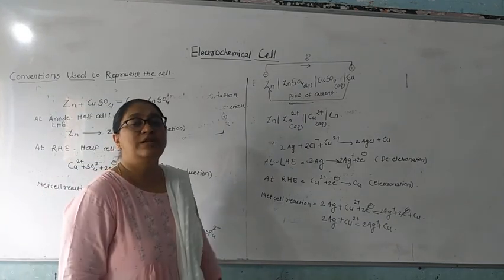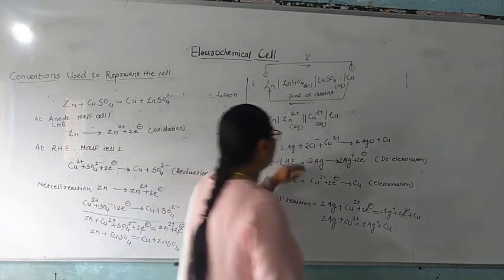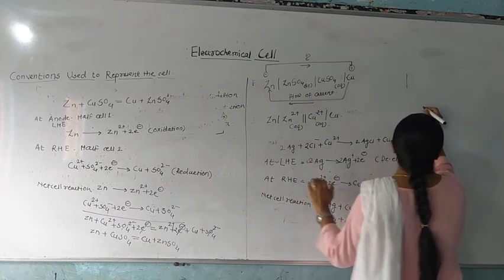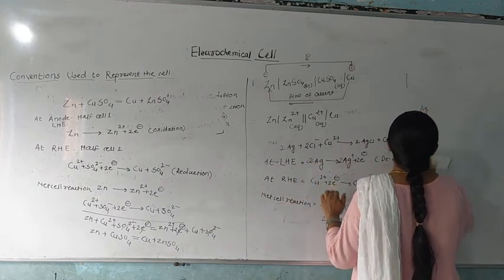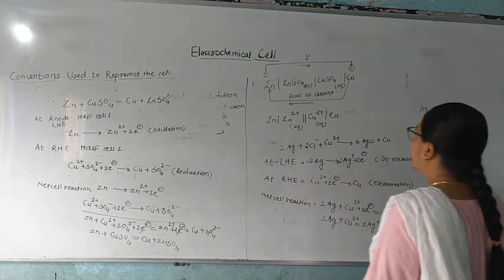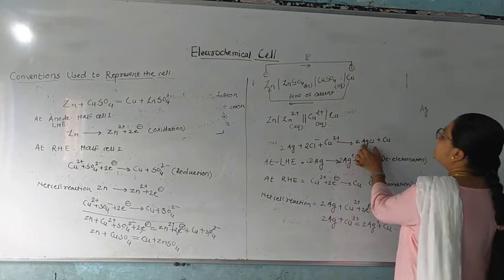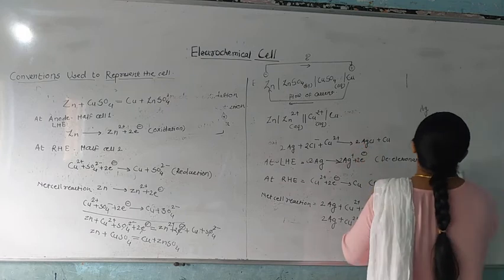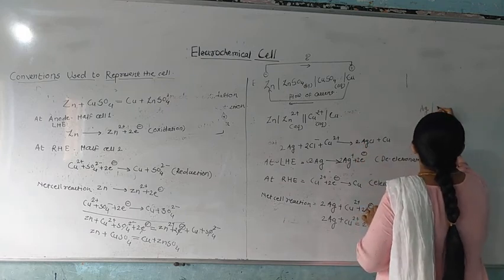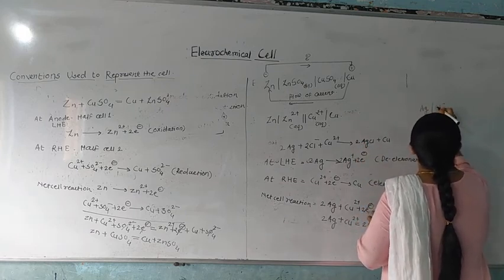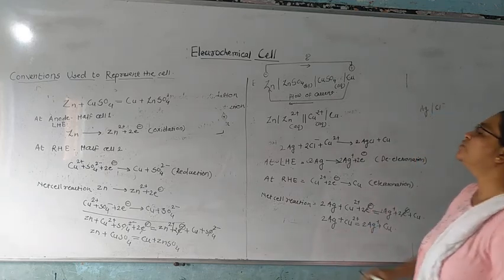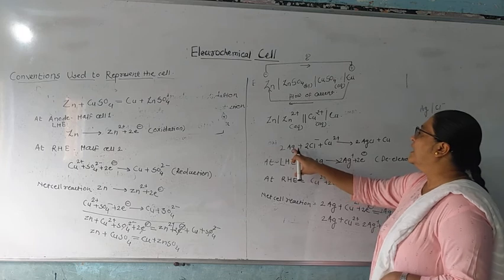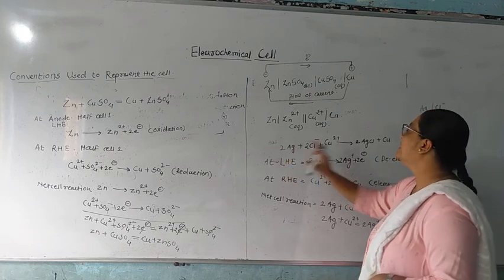Now we are going to represent the cell. Now the silver, as it is forming AgCl, that means this is in contact with chloride ion containing solution. Here the solution is of silver chloride.